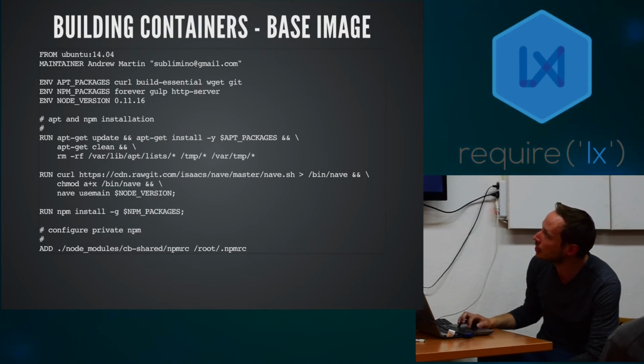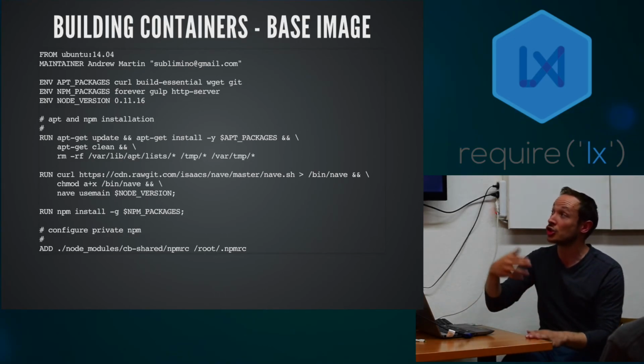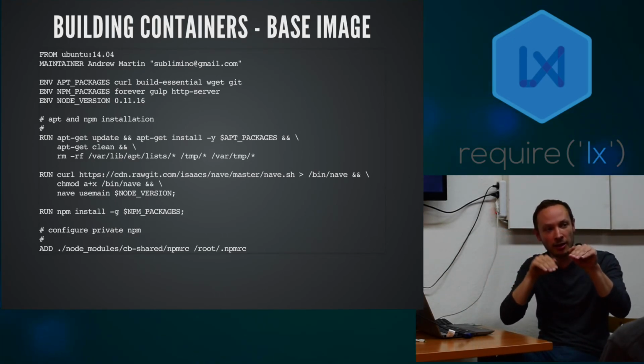So start from Ubuntu, set some environment variables that we use down here, and then just very simple installation, clean up the directories afterwards, and then each of these run commands, even though it contains multiple commands to shell out to, that will still just be one layer on the file system.